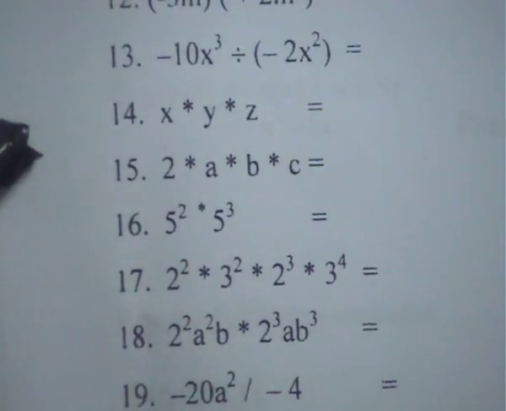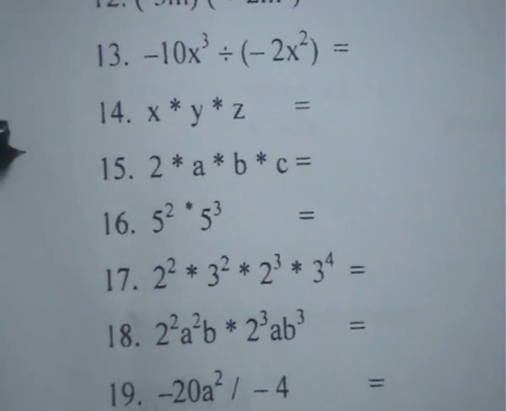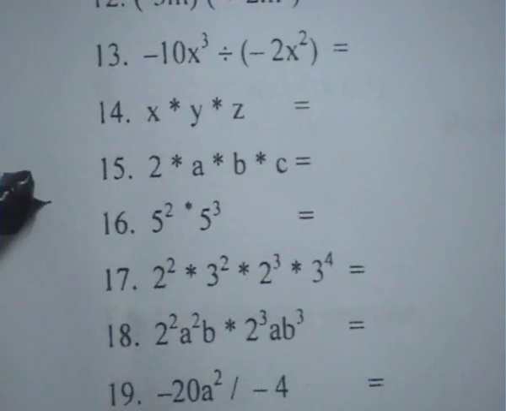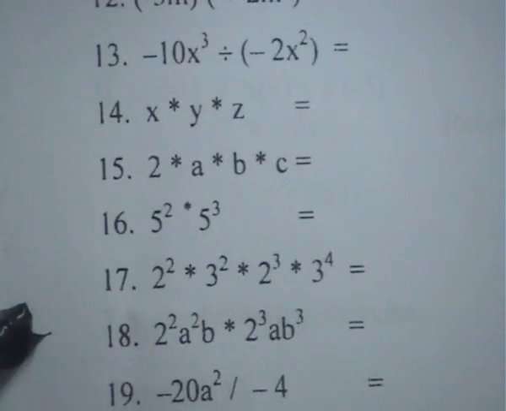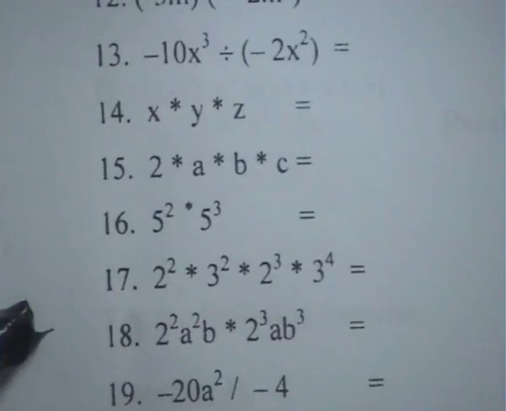Number 14, x times y times z. Number 15, 2 times a times b times c. Number 16, 5 to the 2 times 5 to the 3. Number 17, 2 squared times 3 squared times 2 cubed times 3 to the 4.